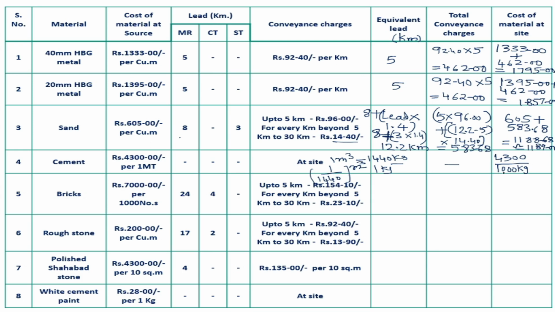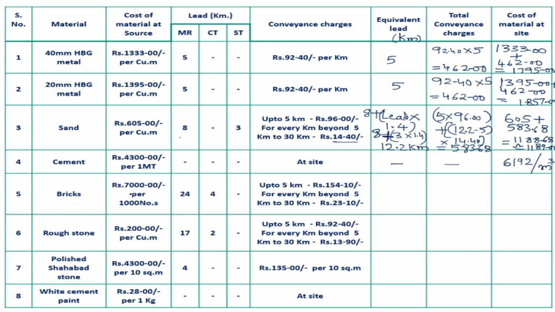So substituting here, 4300 rupees divided by 1000 into 1 kg, which is equal to 1 divided by 1440, which is equal to 6192 rupees per cubic meter.